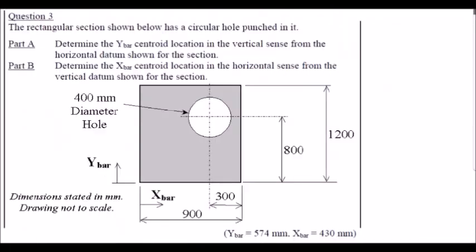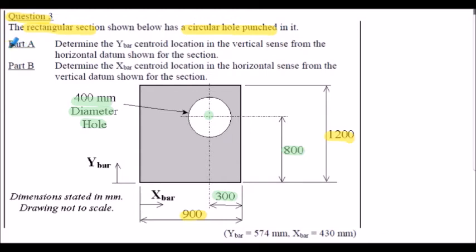I want to just take you briefly through question 3 in our workbooks. Here we have a rectangular section shown in the sketch below, but it has a circular hole punched in it. So the rectangular section is 900 millimeters by 1200 millimeters, and we have a 400 millimeter diameter hole punched in the plate, at a location of 800 millimeters up from the base to its centroid and 300 millimeters from the right hand vertical edge to its centroid.